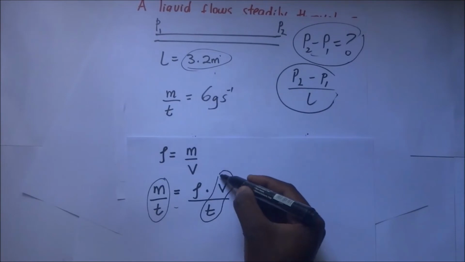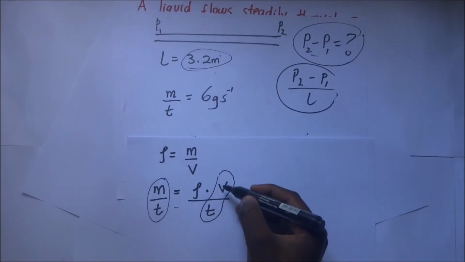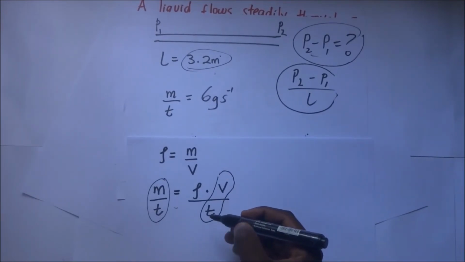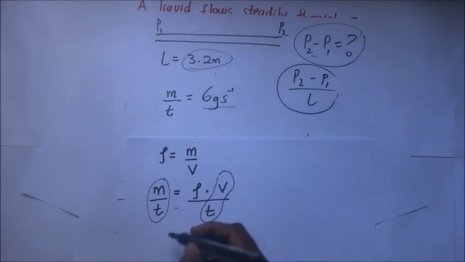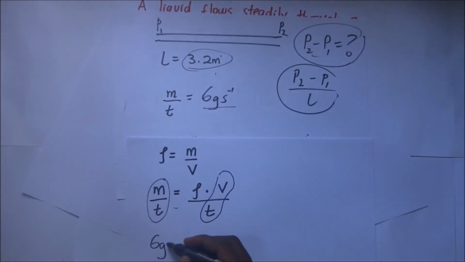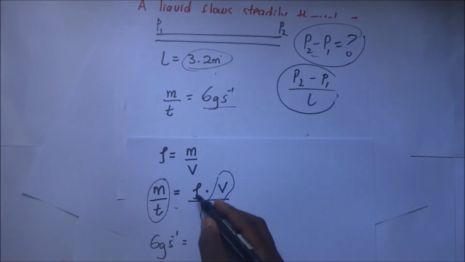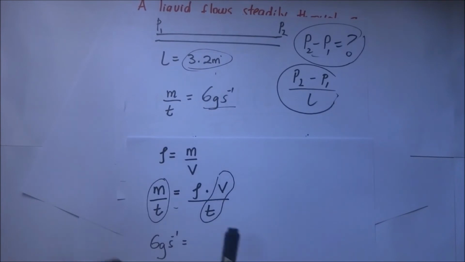Now V over T is the volume flow rate, volume divided by time, and that is exactly what we're looking for. So mass divided by time, which is 6 grams per second, is equal to the density times the volume flow rate.